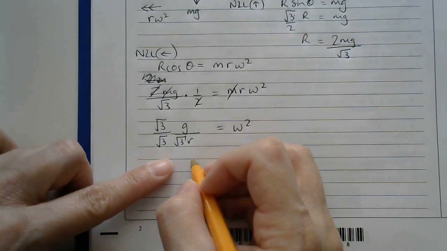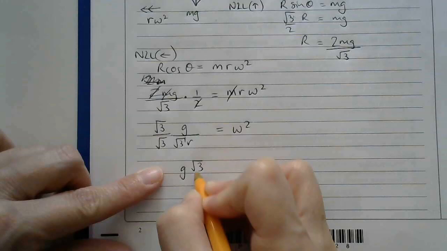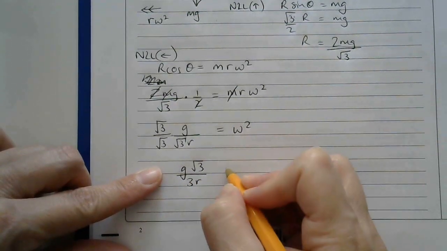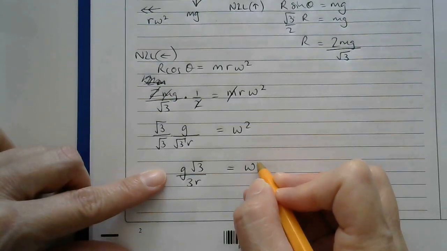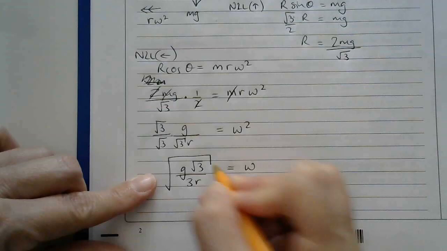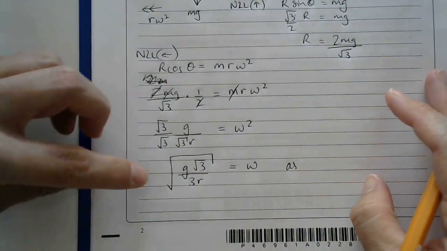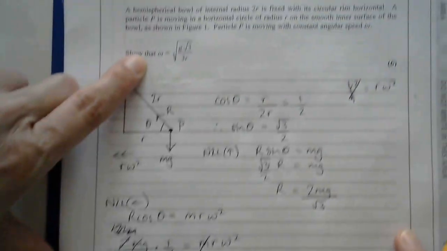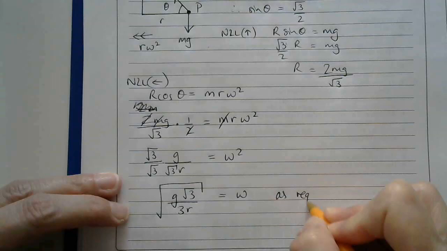And so here I get g times root 3 over 3r, and that would be omega squared, so therefore omega will be the square root of this. And fortunately that is the same as what they wanted me to show here, so as required.